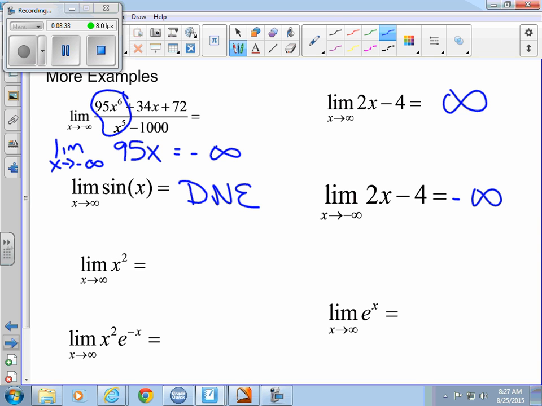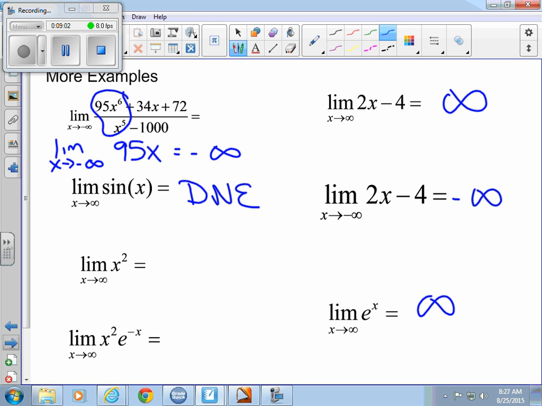The limit as x approaches infinity of e to the x. Even e to not a very big power is a really big number, right?